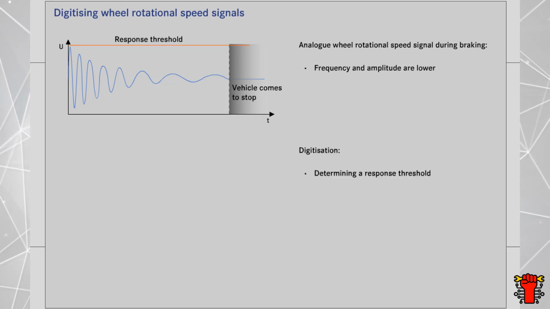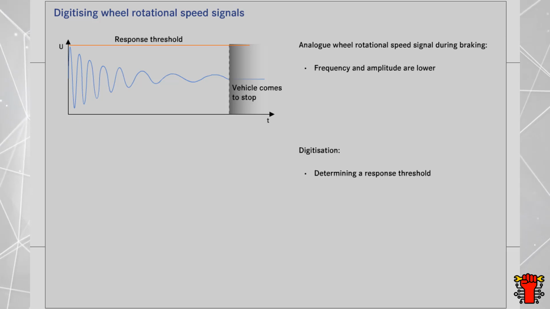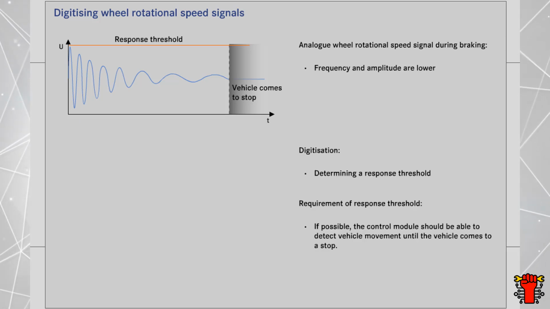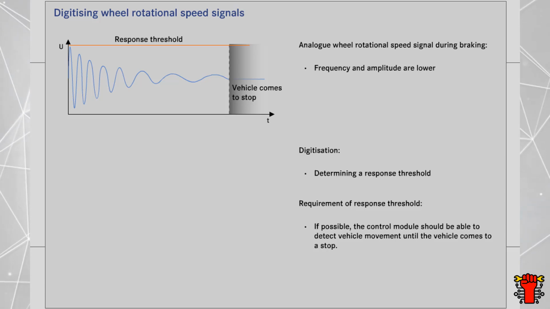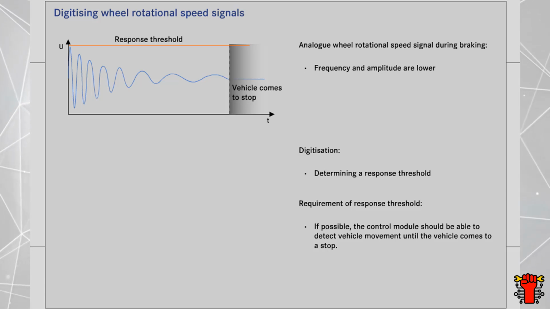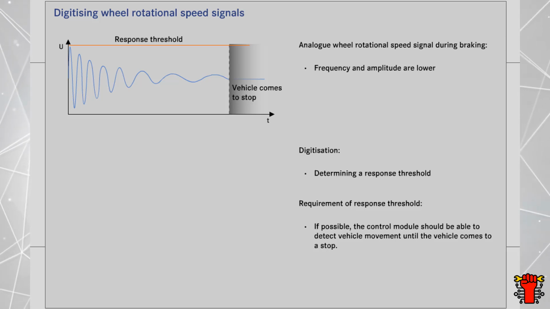To convert the analog signal into a digital signal, a response threshold must be set. If possible, this should be set in such a way that enables the control module to detect vehicle movement right up until the vehicle comes to a stop.